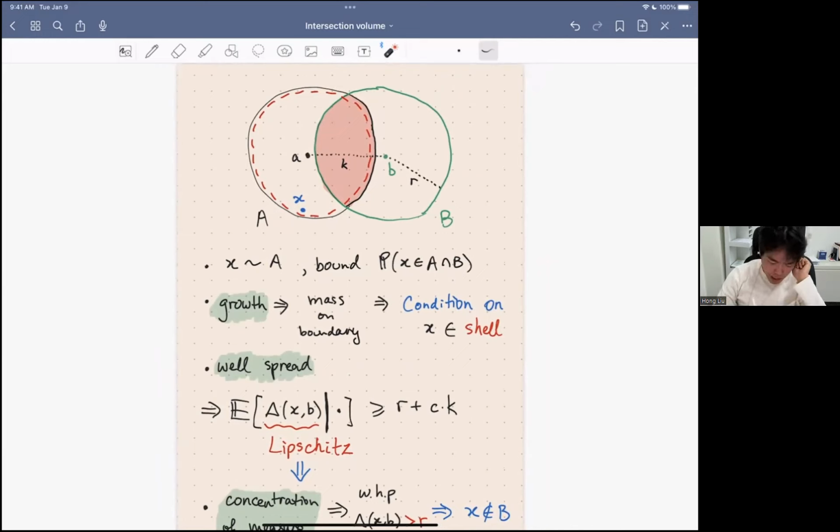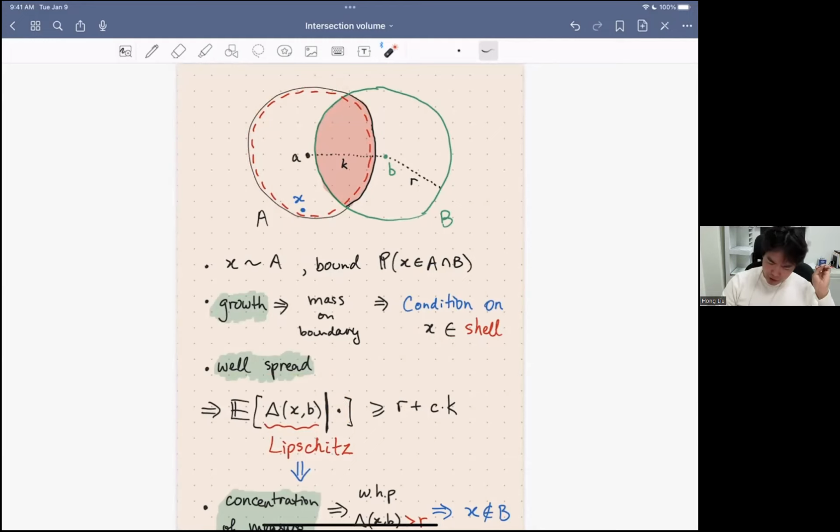In particular, we look at the conditional expectation. Let me forget about this conditioning for a moment. The conditioning means that we can pretend that X is sampled uniformly on the shell. So let's just sample X uniformly at random on the boundary of A.